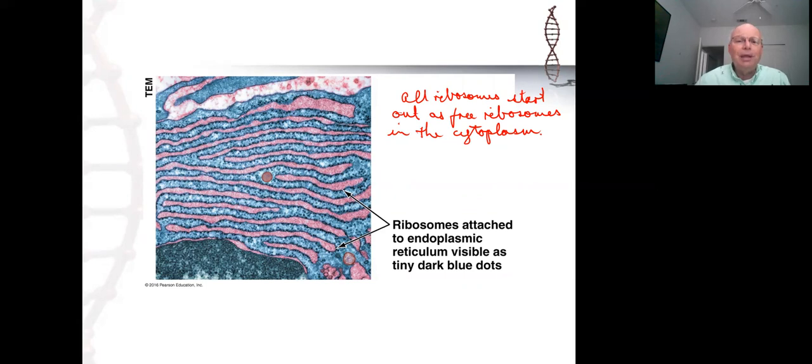If, however, they're making a polypeptide that's destined to go into the endomembrane system, they move down to the surface of the rough endoplasmic reticulum to produce their polypeptide, because the ultimate result is that the polypeptide enters into this hollow space of the rough endoplasmic reticulum, which is referred to as the lumen. And we'll talk a little bit more about that as we progress through this section.